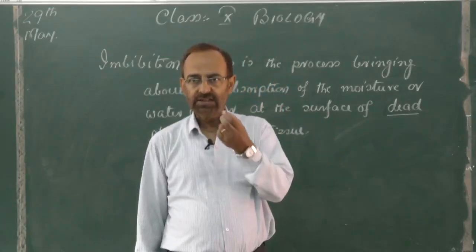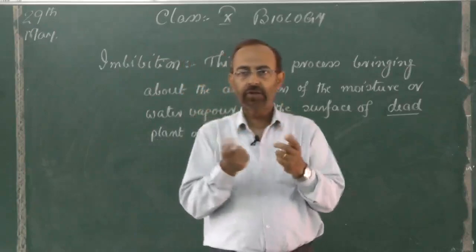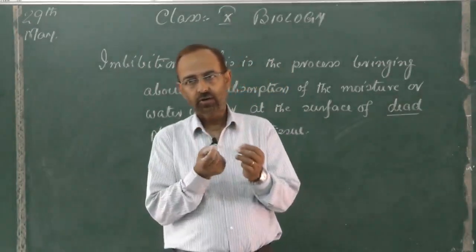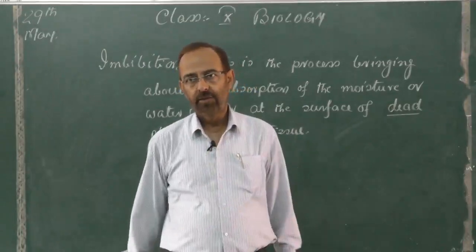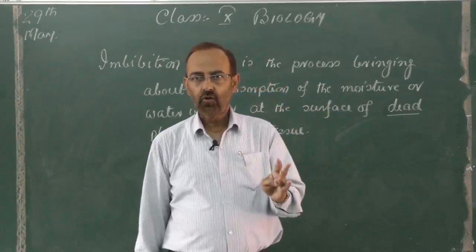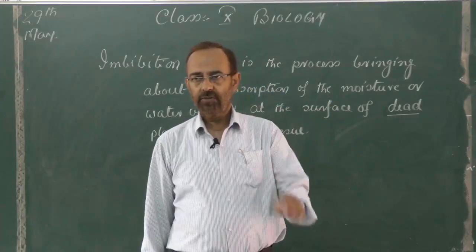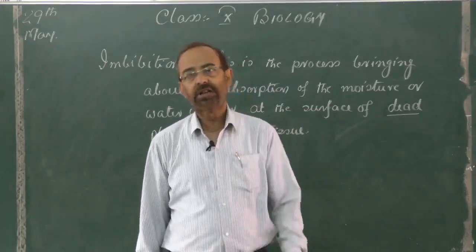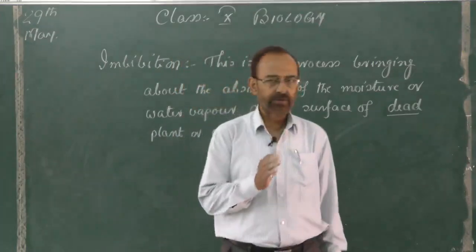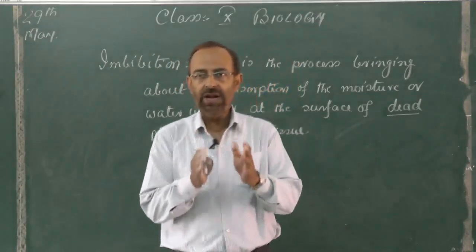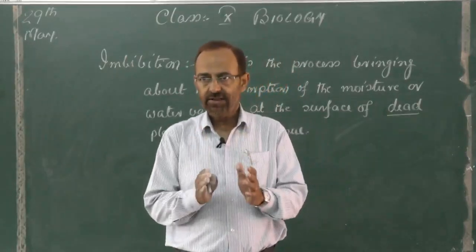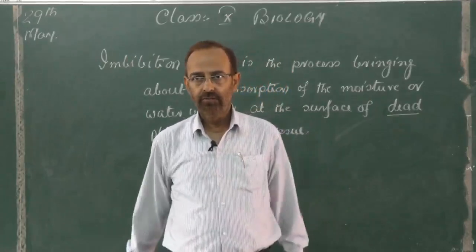You know that the seed consists of an outer covering which is known as seed coat, and inside the seed coat there are cotyledons and embryo. Clear? The cotyledon and seed coat are the non-living part of the seed, whereas the embryo is the living part. Okay, the process of germination is possible only by the activation of the living cells of the embryo. Clear?